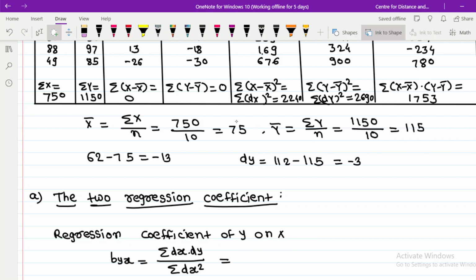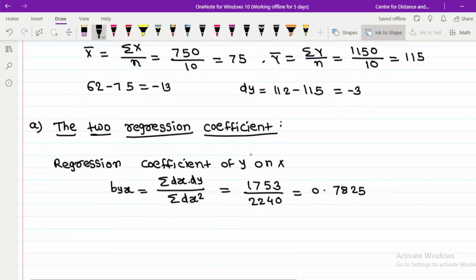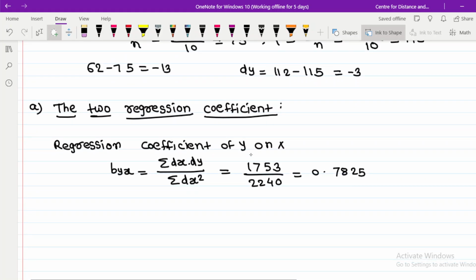The value of summation dx into dy is 1753, divided by summation dx square, that is 2240. When we divide 1753 by 2240, we get 0.7825. Therefore, byx is equal to 0.7825.